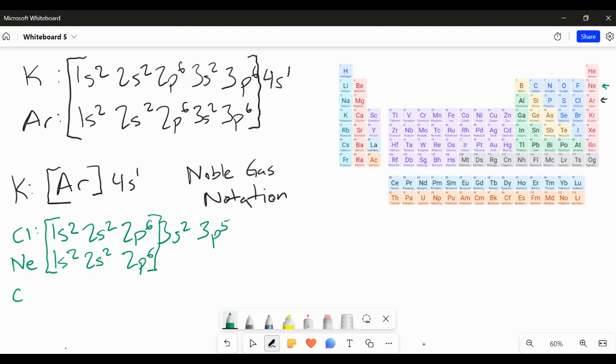So chlorine's noble gas notation becomes neon in brackets, because we're switching out the atomic symbol for neon for this whole piece. And then we continue on with what's left over, 3s2, 3p5. Okay, this is the noble gas notation.